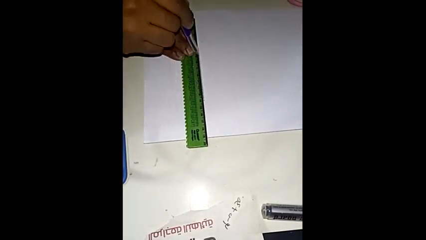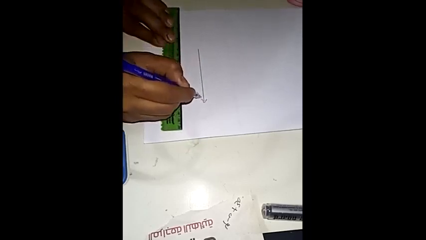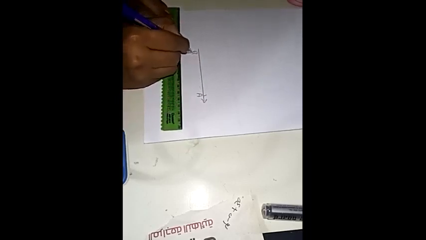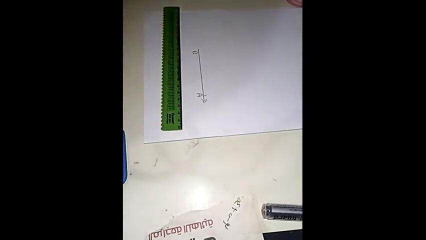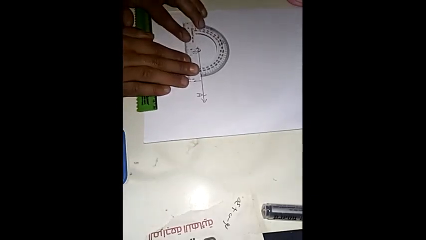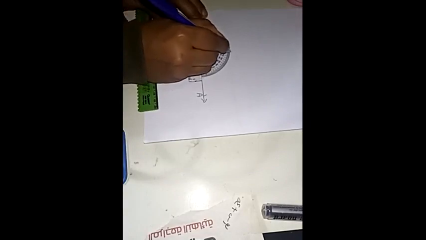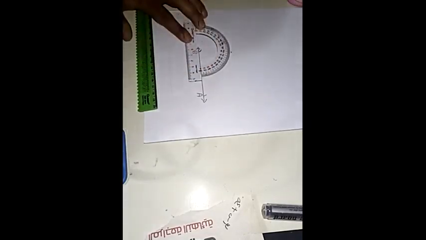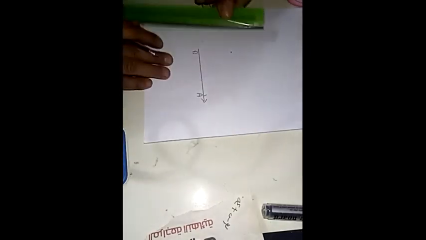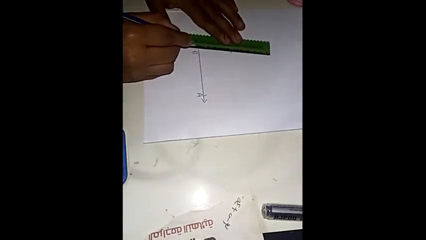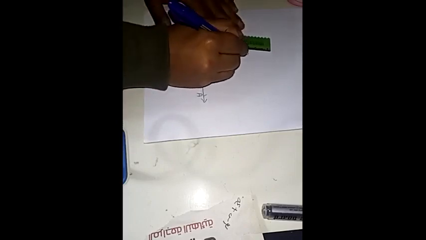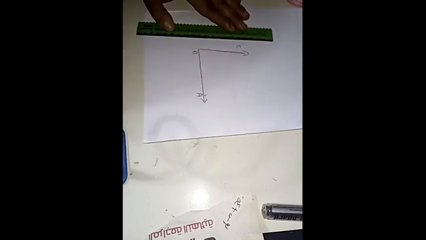Like this, the first ray like AB, and by using your protractor, from right 10, 20, 30, 40, 50, 60, 70, 80. I want my angle 80. Draw your angle 80 degrees like this, A, B, and C.